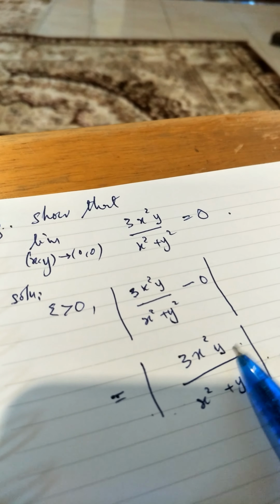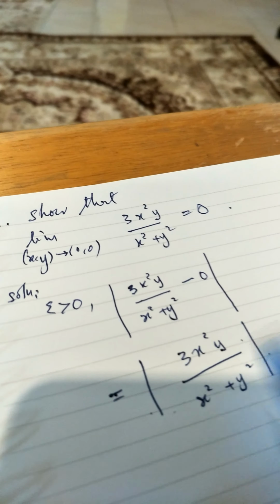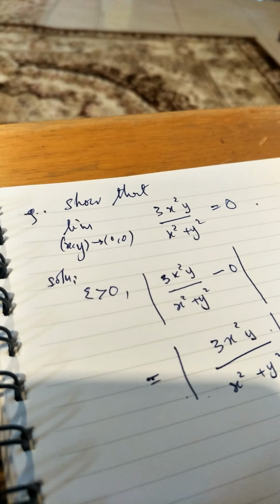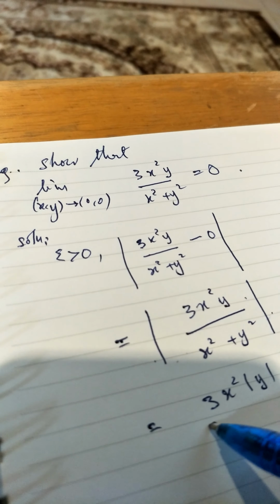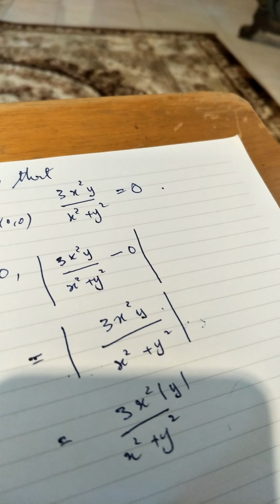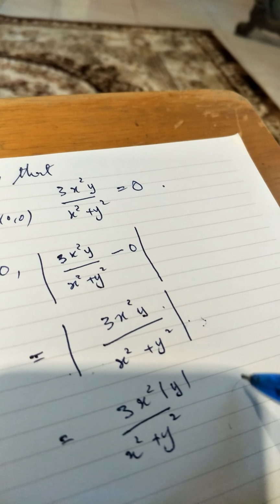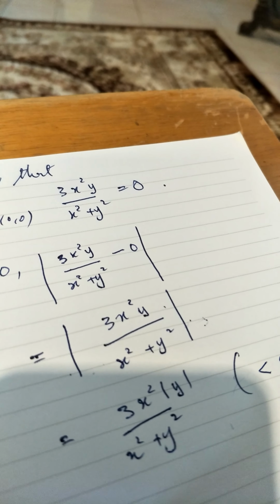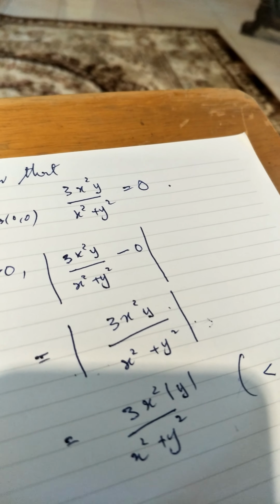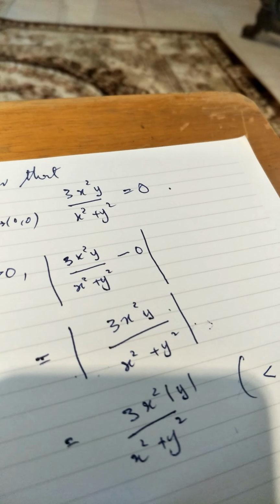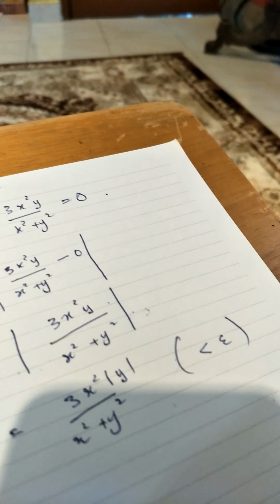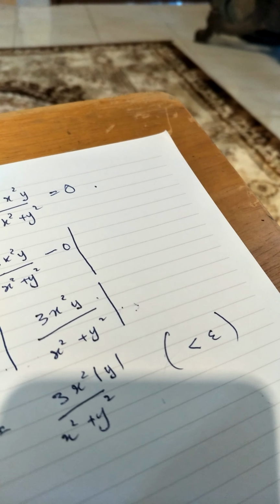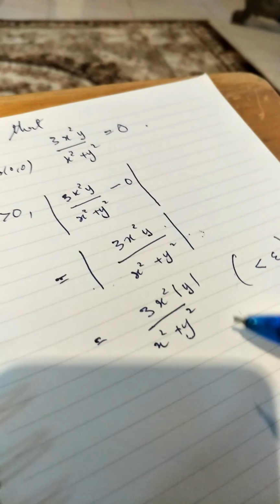What is left is only y. Remember that you want to show this is less than epsilon when the distance from (x0, y0) is less than delta.